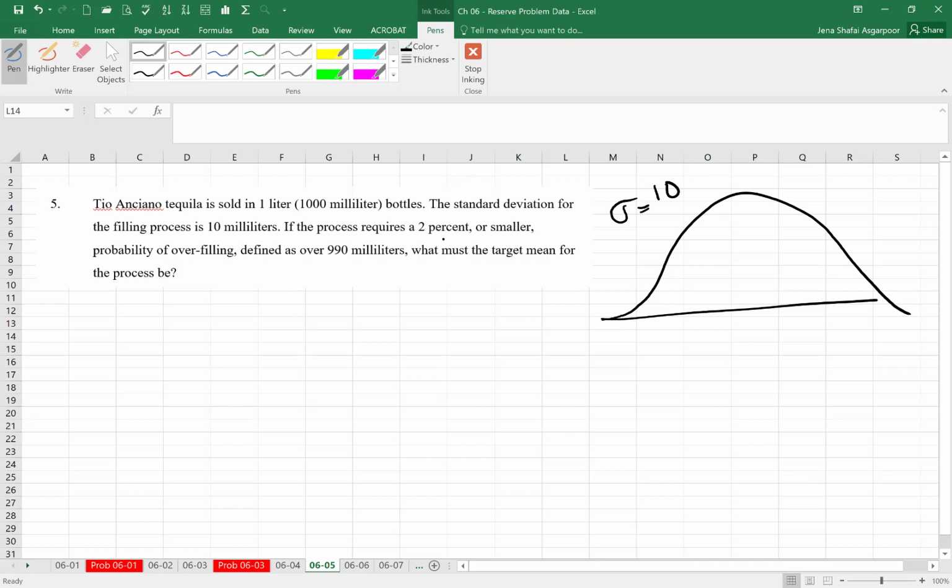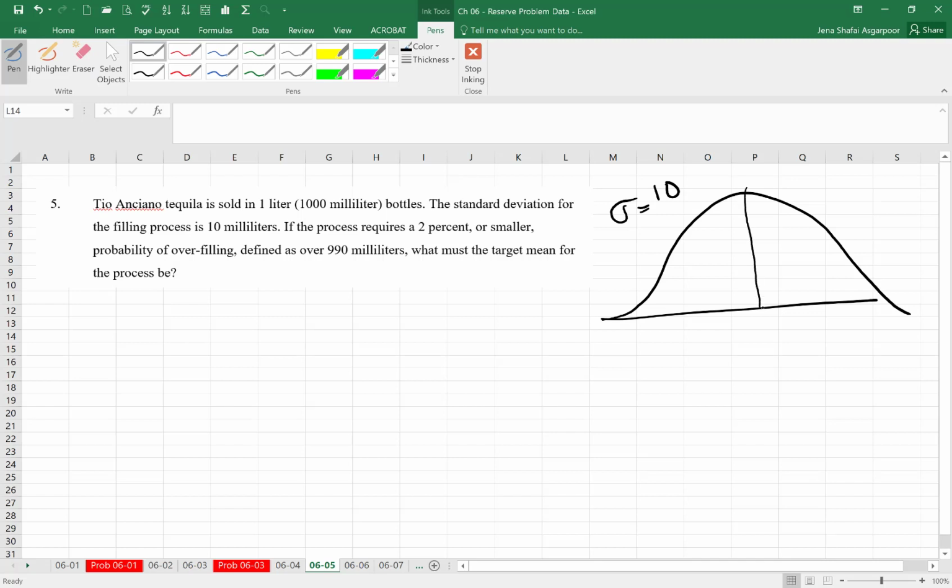If the process requires a 2% or smaller probability of overfilling, where overfilling is defined to be 990 milliliters, what must be the target mean for the process?